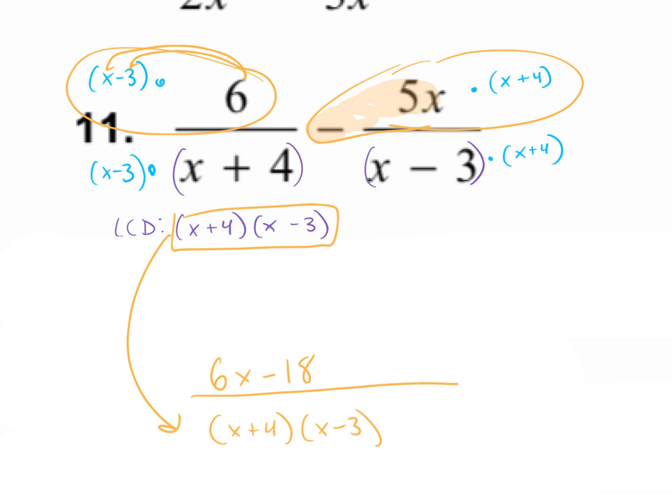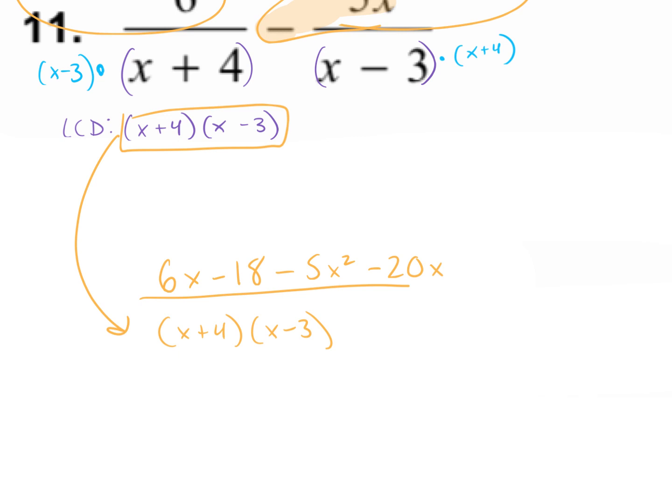So it's technically negative 5x. So same thing, we're going to distribute that negative 5x to both things behind it. So it's negative 5x times x. Awesome, negative 5x squared. What's negative 5x times 4? Minus 20x. Perfect.